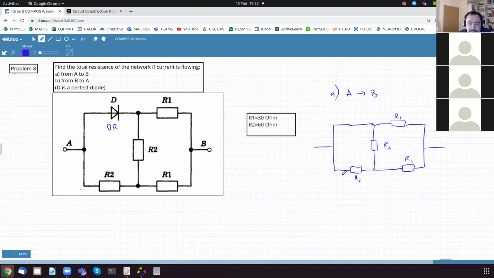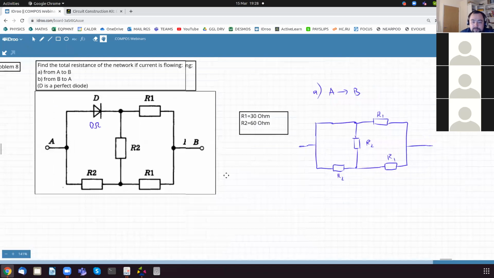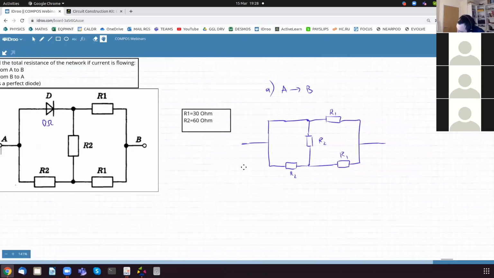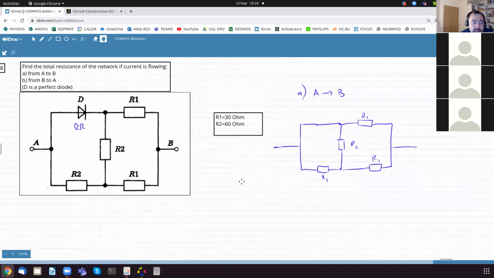So what do we notice here? Well, to do this question, I'm going to 20 ohms. So it's a perfect diode. The perfect diode has 0 resistance in the forward direction.